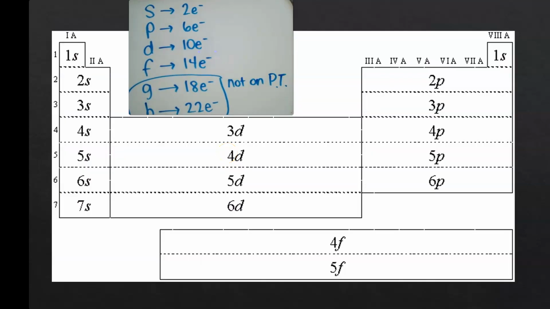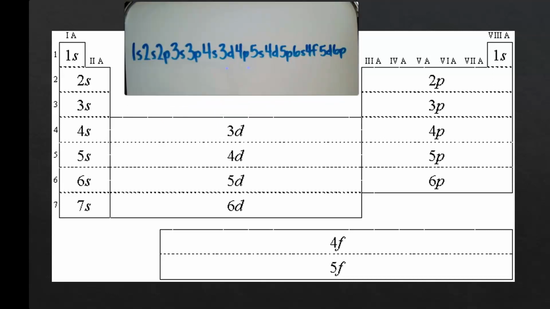The last step to this is how we get our principal energy levels. And as you hopefully recall, our principal energy levels overlap as we get higher, farther away from the nucleus. So what I have written here now is the order that the orbitals fill using the diagonal method. And what I want to show you is how we can get this exact same order by looking at the periodic table.